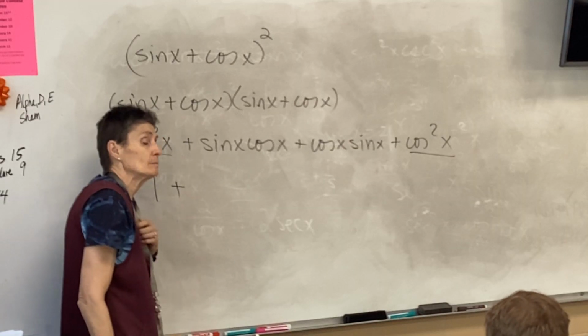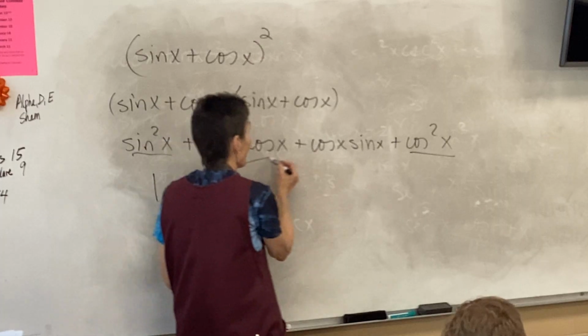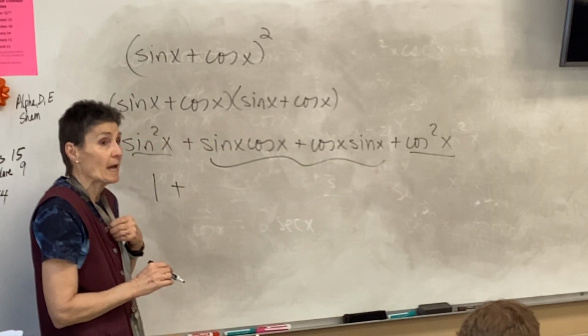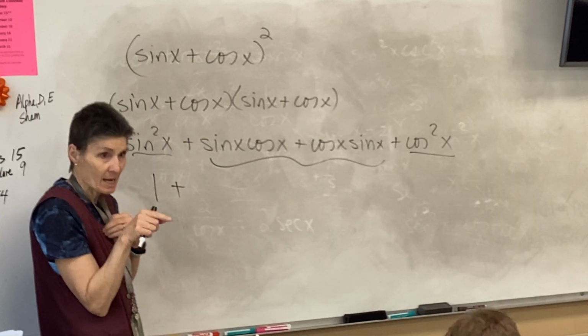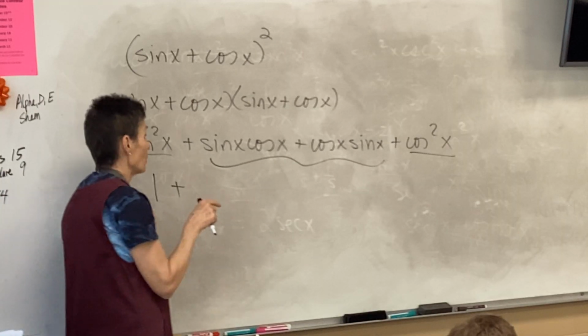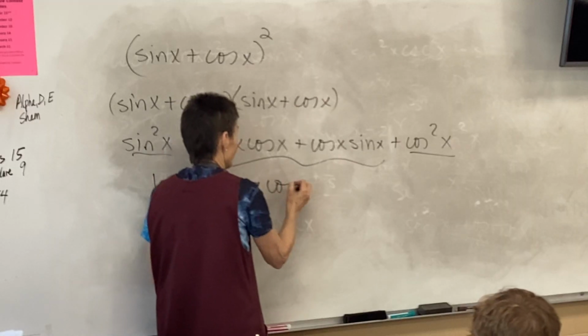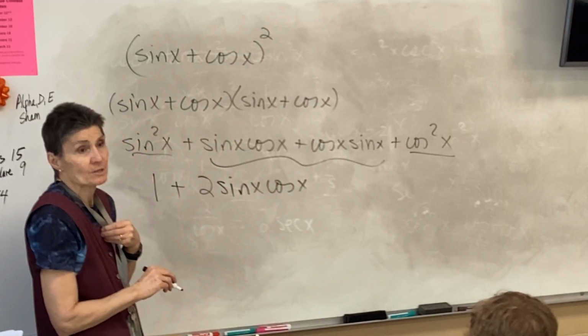They make one. And then these two do not cancel out. I'm adding them. But would you agree they're like terms? Sine times cosine is the same as cosine times sine. So one of them and one of them is going to make 2 of them. And that's your answer.